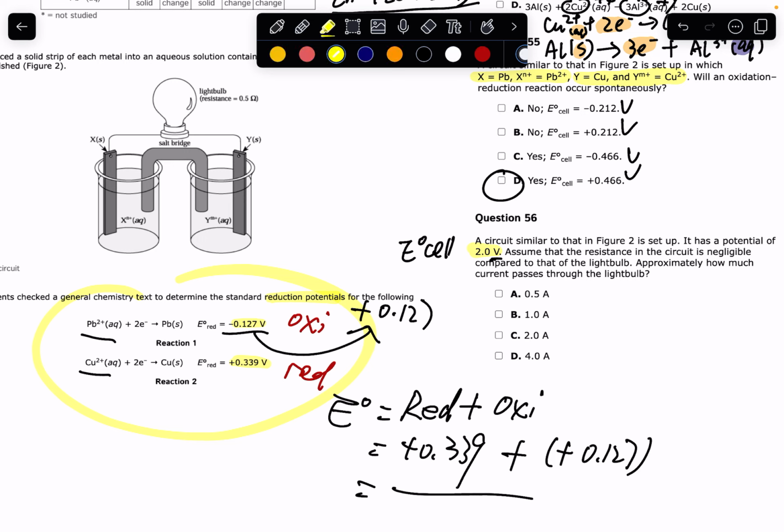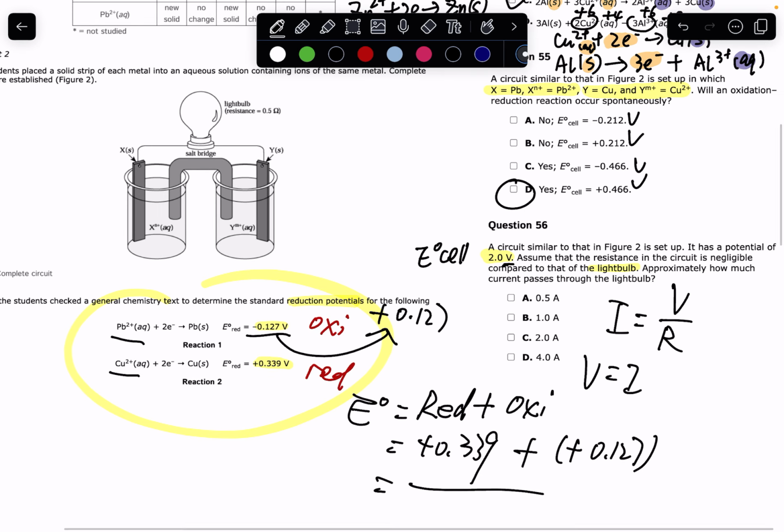Assume that the resistance in the circuit is negligible compared to that of the light bulb. So you're telling me the light bulb's resistance is not negligible. Approximately how much current passes through the light bulb? This is asking how many amps the current is.